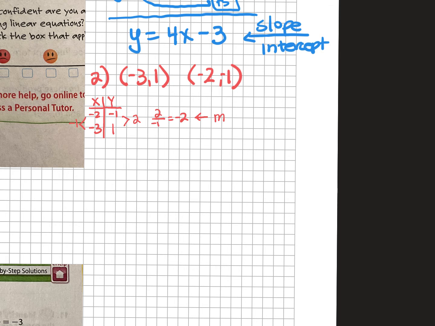I can use either point. I'll use this point. So I got to take the y minus the y equals the slope times x minus the x. All right, so here's the x, here's the y.